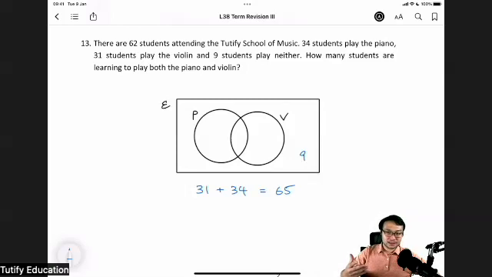So what do you think is the actual number of people who are literally supposed to be playing a combination of piano and violin? How many people do you think are going to be there all together within the two circles? Can you tell me?